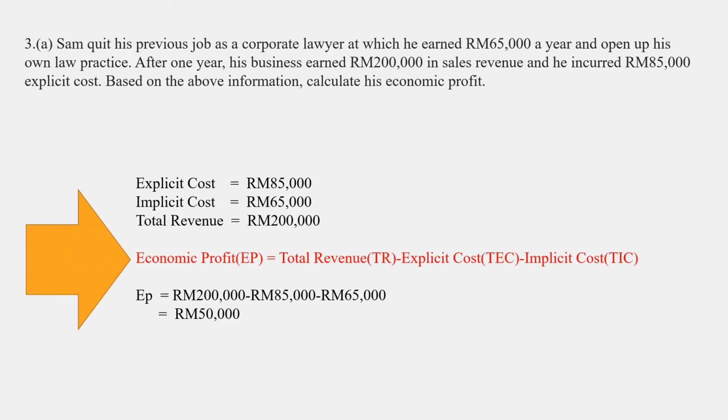The explicit cost is 85,000. The implicit cost is 65,000. The total revenue is 200,000. The formula of economic profit is total revenue minus explicit cost minus implicit cost. So the answer is 200,000 minus 85,000 minus 65,000 equals 50,000.